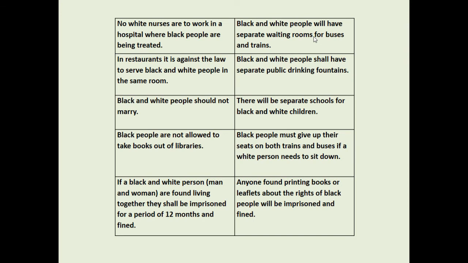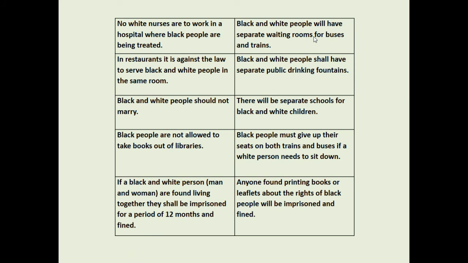Okay, so what I want you to do is put those, I know that there's 2, 4, 6, 8, 10 of them. You only need 9, so you can leave out 1. Okay, but I want you to put 1 as the most severe. Which one of these do you think is the most racist, the most damaging to black people? Which one do you think is the least damaging?